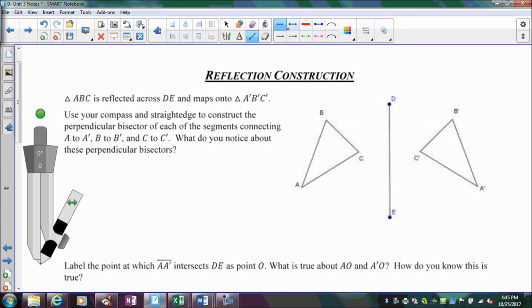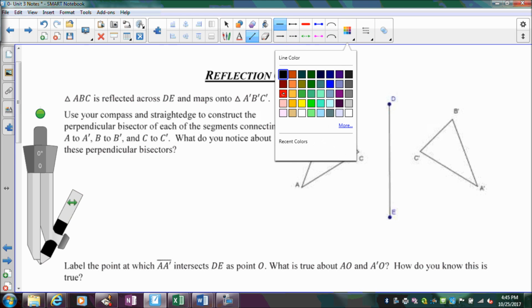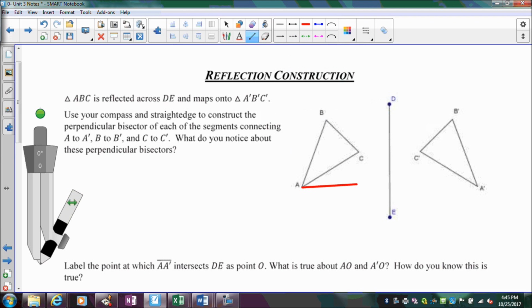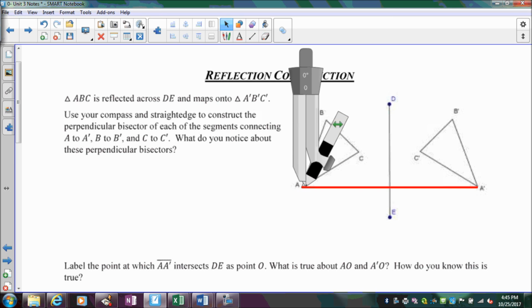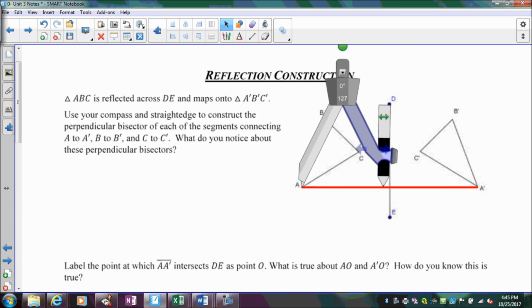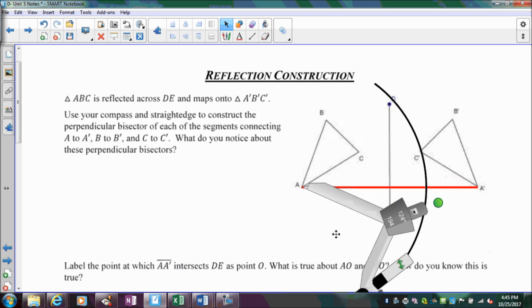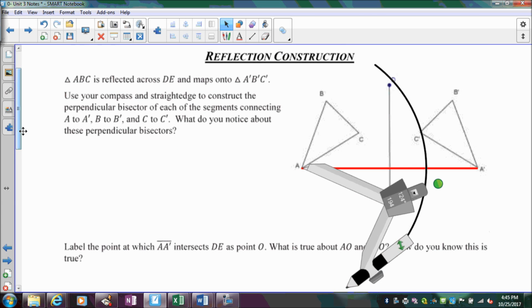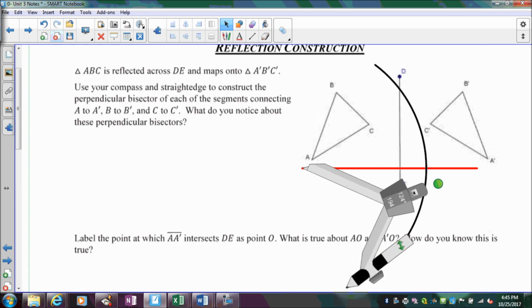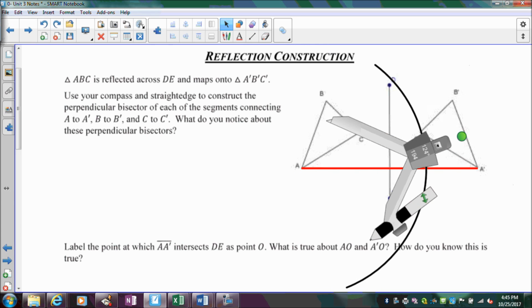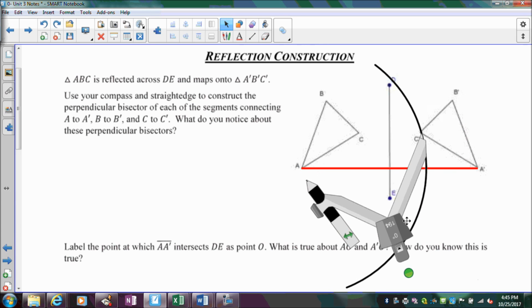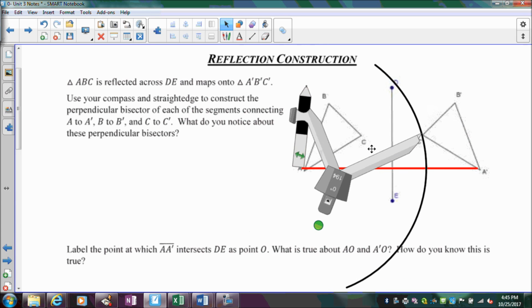What that means is if we look at the segment from A to A prime, we do the perpendicular bisector of that. I'm just sketching that in. Taking my compass, I'm going to go more than halfway, draw my arcs above and below, and go to A prime and do the same thing.